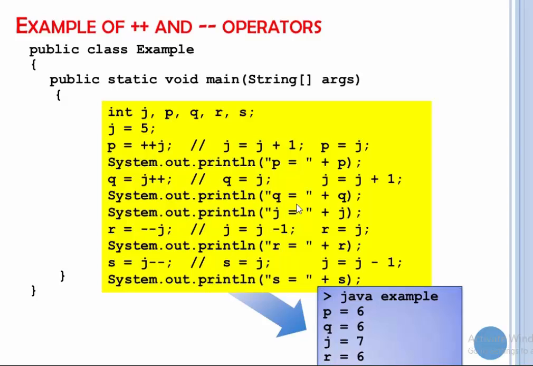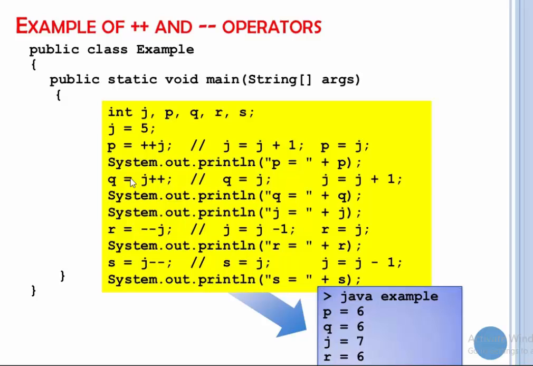See here, System.out.println, we will print the value of q. But in this case, we are printing the value of j again. Initially the value of j was 5, but here the value of j is incremented by 1, so the value will be 6.